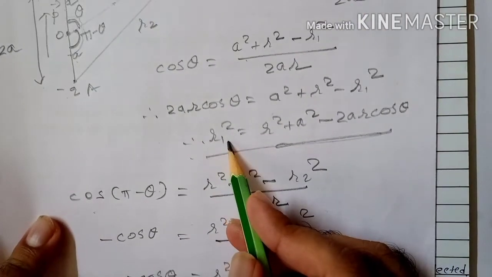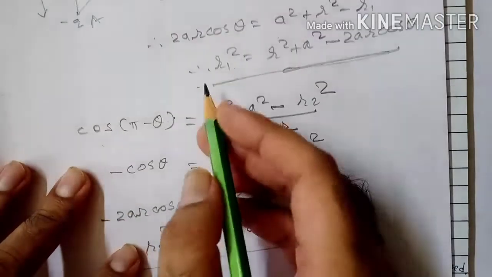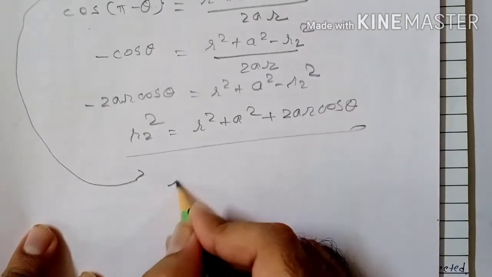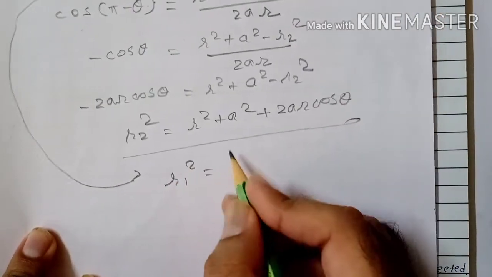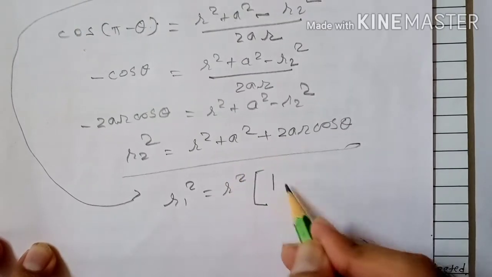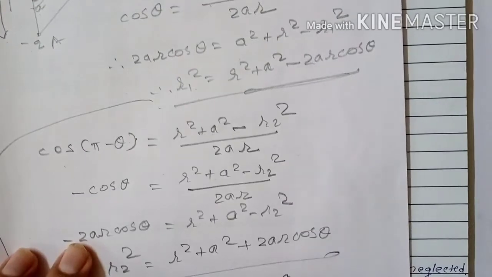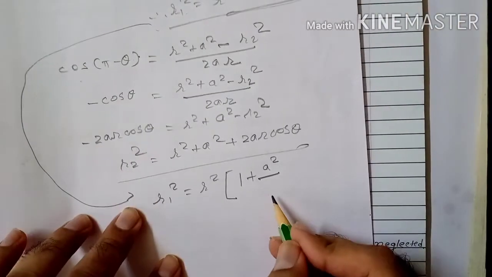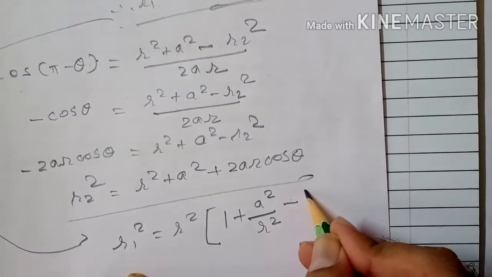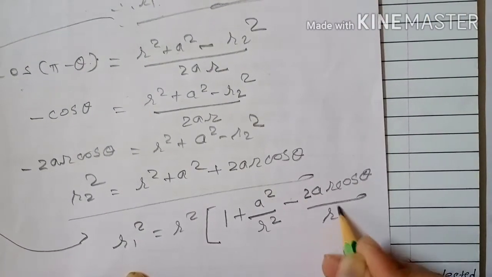Here, r1 square is equal to r square times, first term 1 plus, here we don't have r square, so it can be written as a square upon r square, minus 2ar cos theta upon r square.